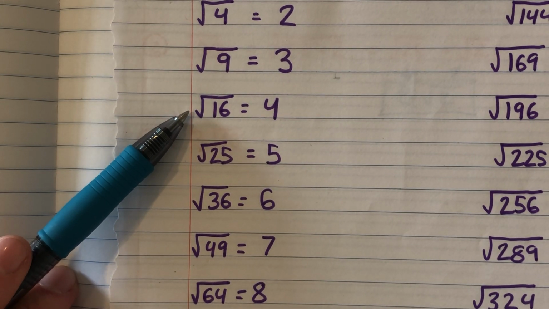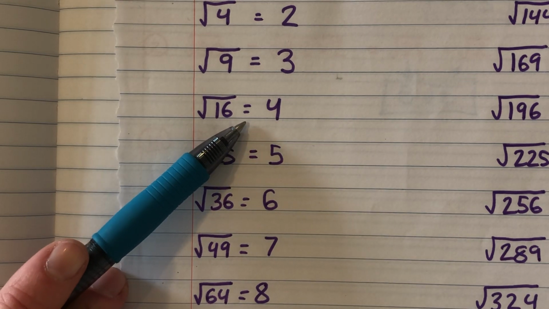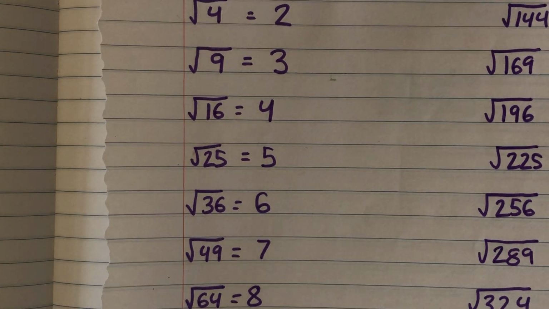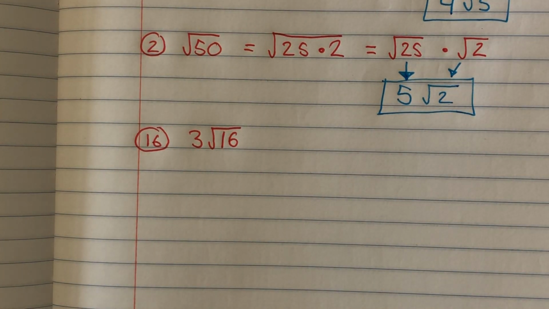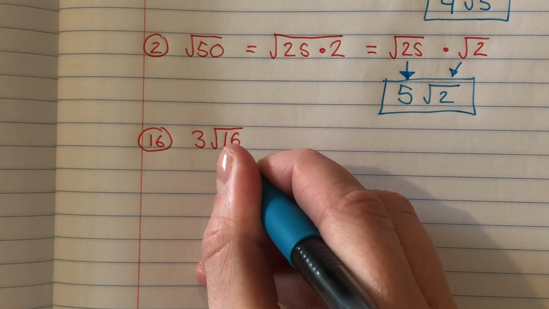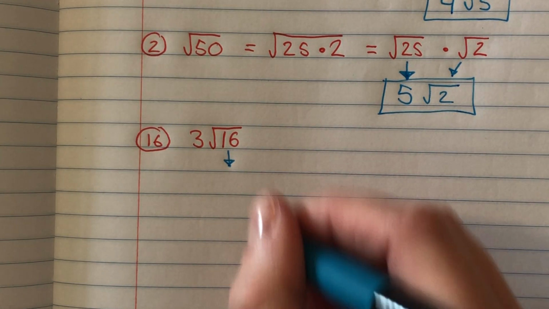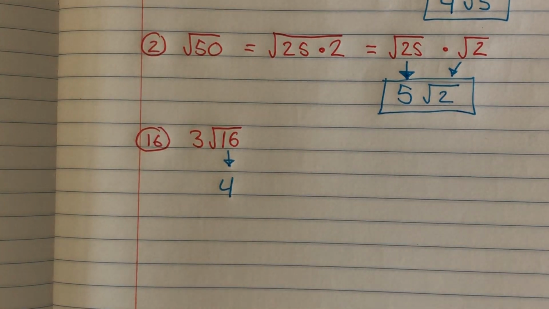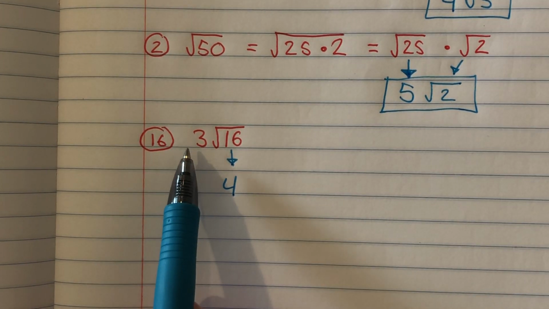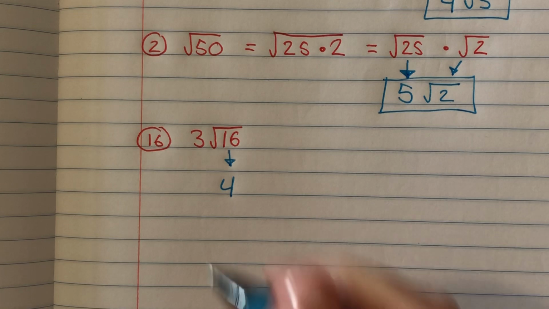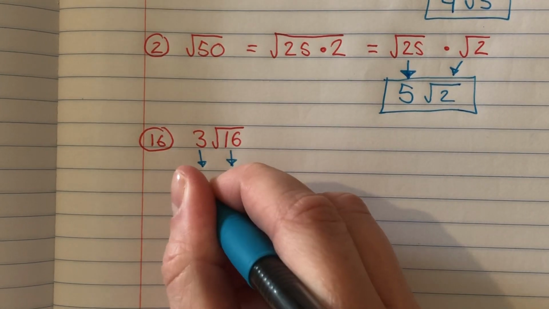And when you take the square root of 16, you get the answer 4. So I know that the square root of 16 is 4. But I can't forget about this 3 that was up here first. That has to come down.